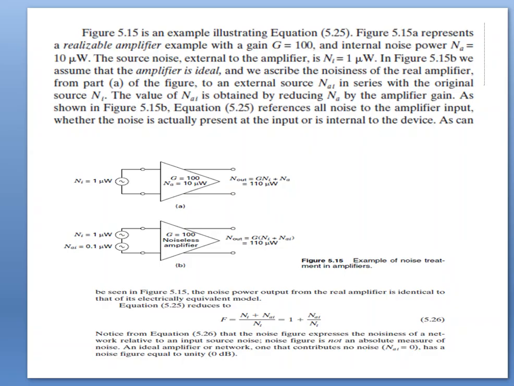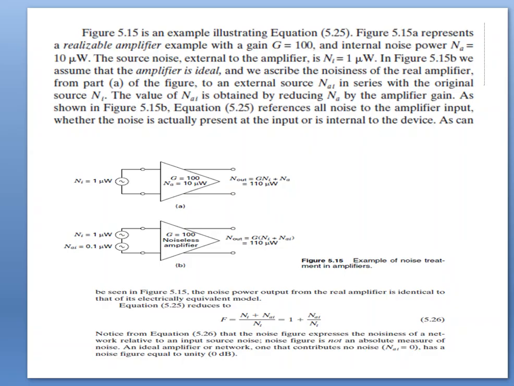The value of NAI is obtained by reducing NA by the amplifier gain, as shown in figure 5.15. The equation references all noises to the amplifier input, whether the noise is actually present at the input or is internal to the device.